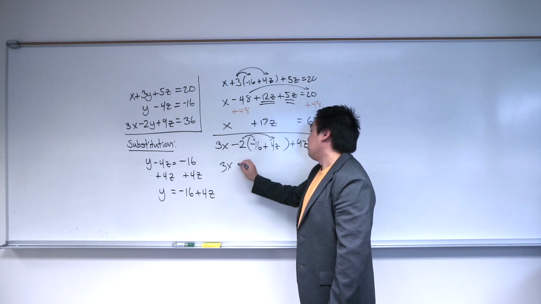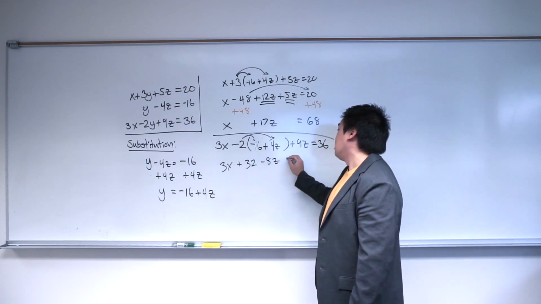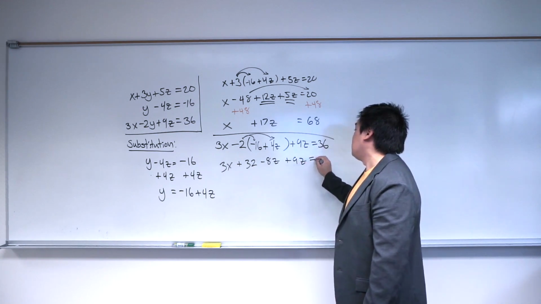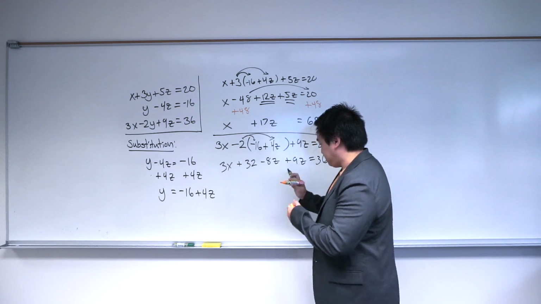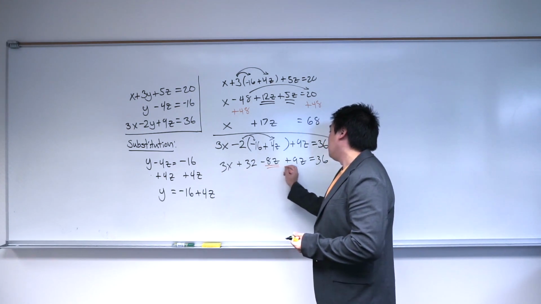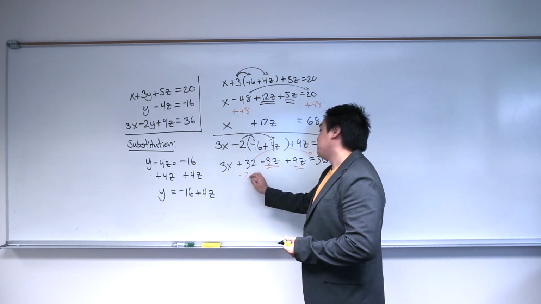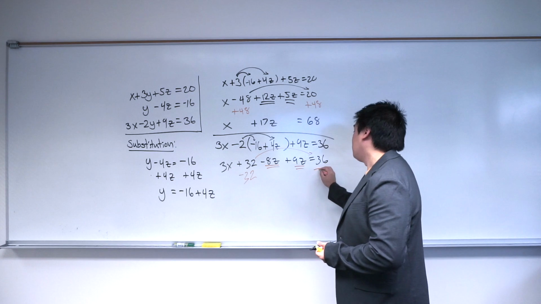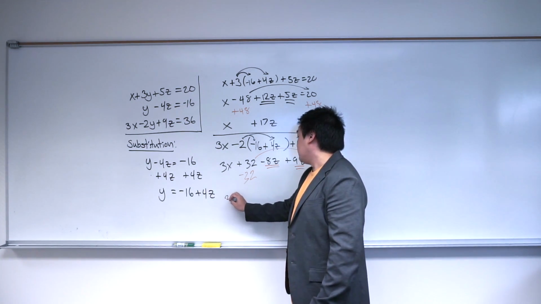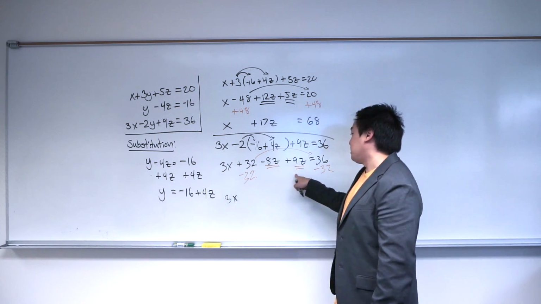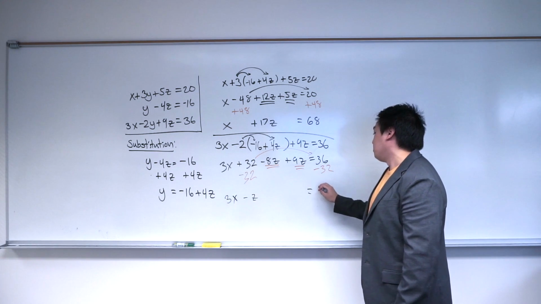So 3x, this is going to be plus 32 minus 8z plus 9z is 36. So similarly, these two can be added together, bringing that over to both sides by subtracting 32. And what we get is 3x, these two together give you minus z, is equal to 4.